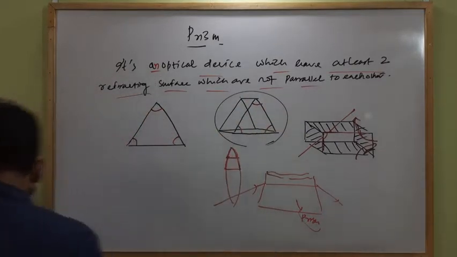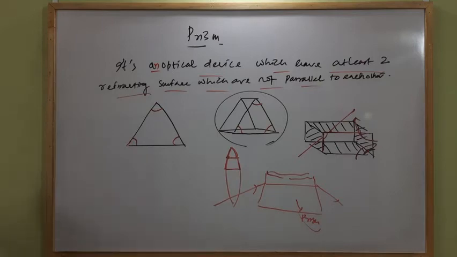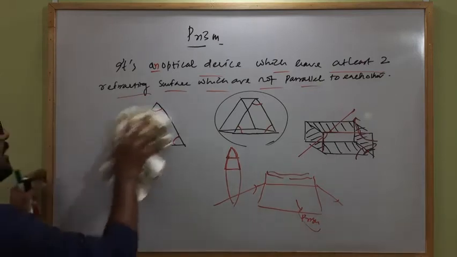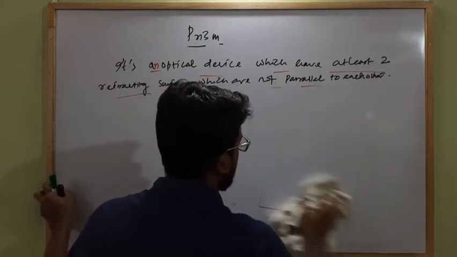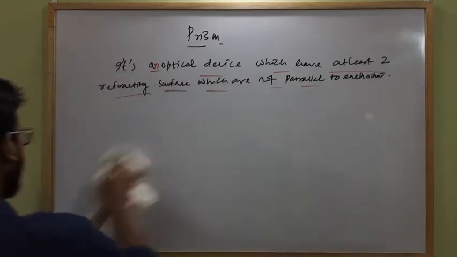Clear? So next we have to study what is the angle of prism. We basically deal with an equilateral triangular prism.